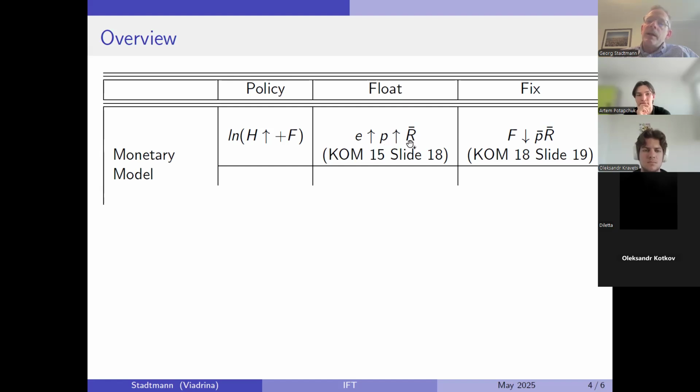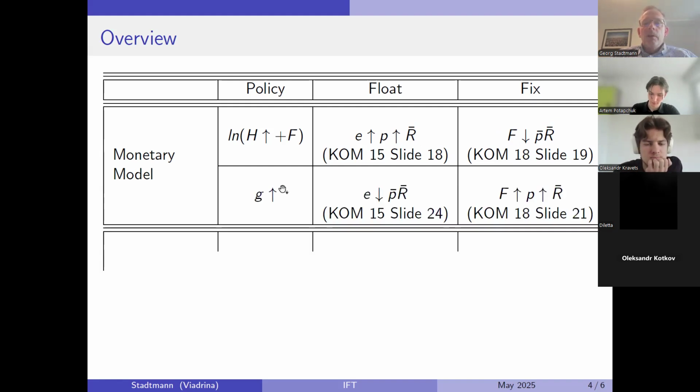So E is up, P is up, R is constant. In a fixed exchange rate system, when the central bank is increasing H, the central bank is losing reserves, and then nothing happens to P and R. So fixed exchange rate system, that's chapter 18.